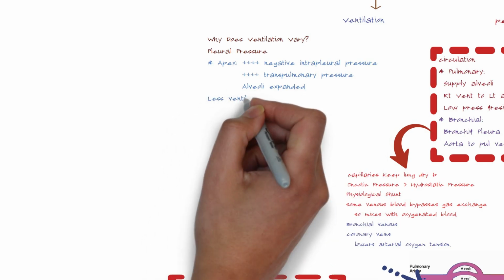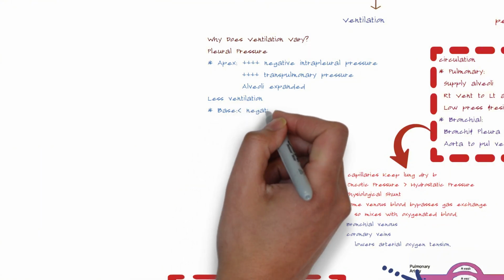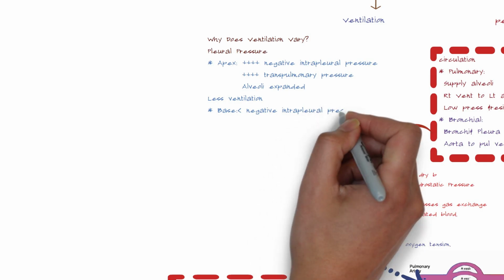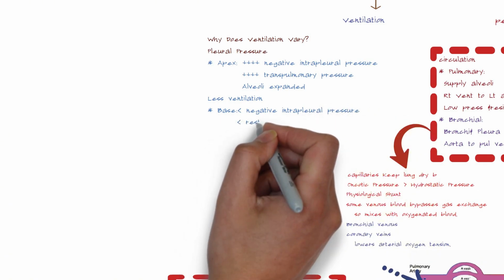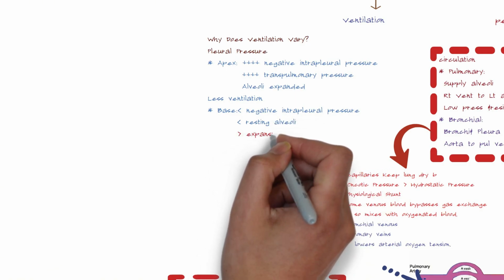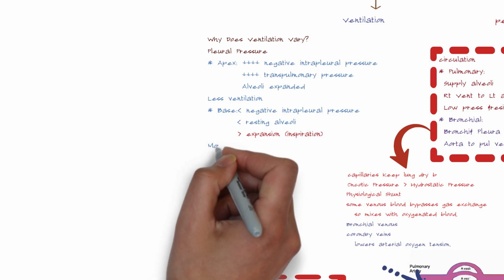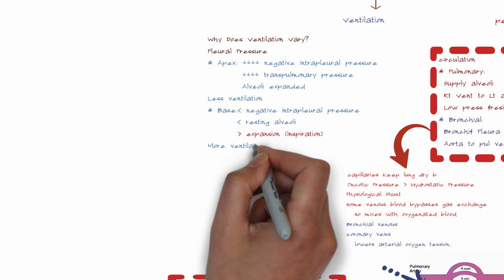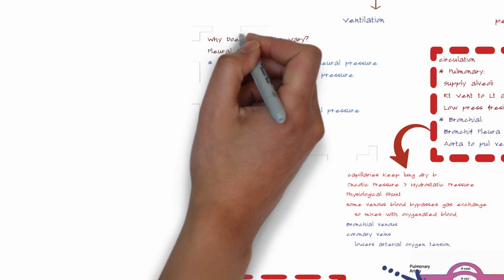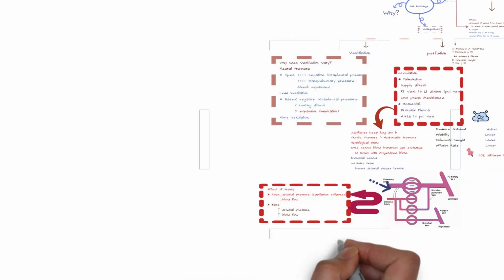At the base, the alveoli are smaller, and this is mainly due to the less negative intrapleural and transpulmonary pressures, so during inspiration the alveoli are ready for expanding, and the ventilation is greater in the base.